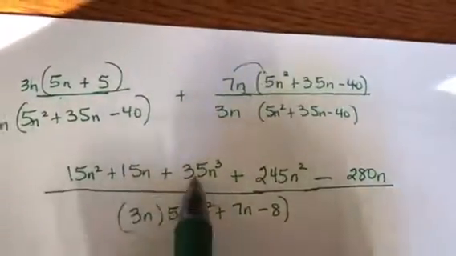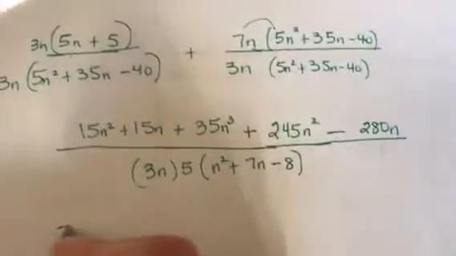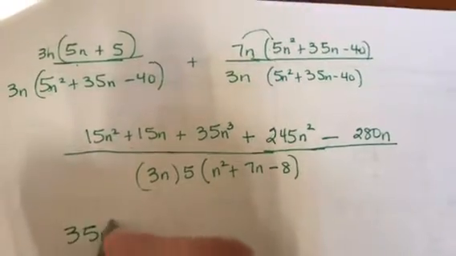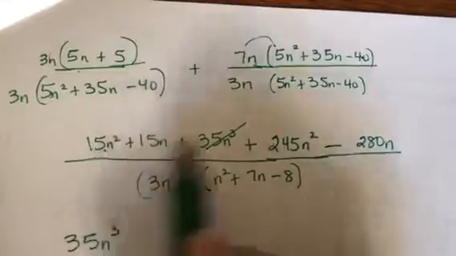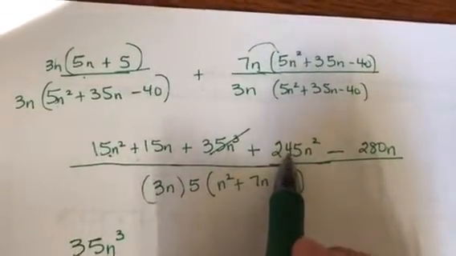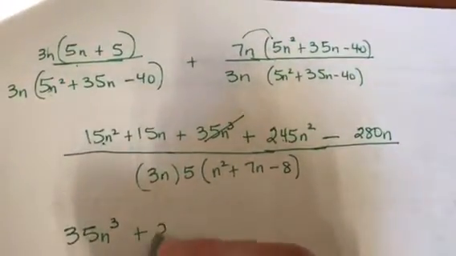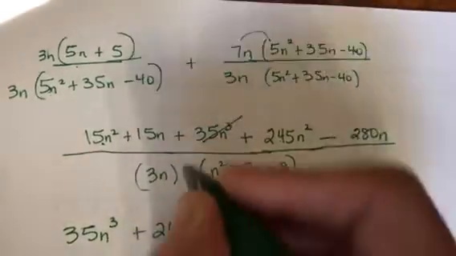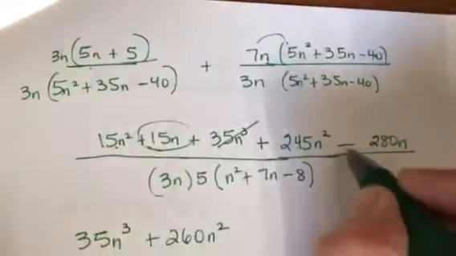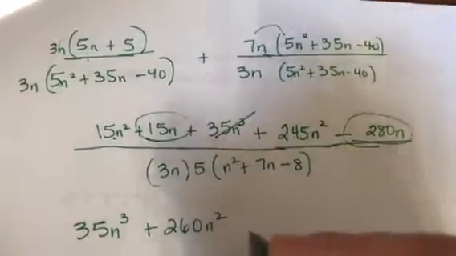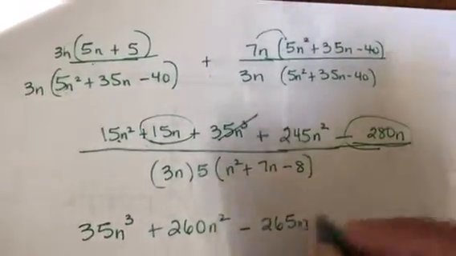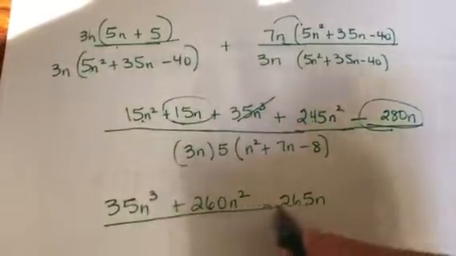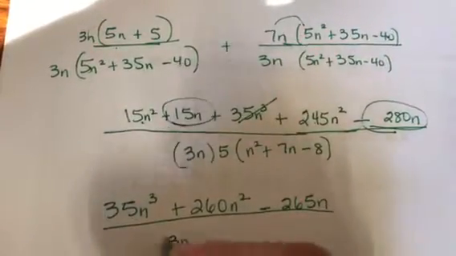Now on the top, I've got a 35n to the third, so I'm going to write this in descending order. 15n squared plus 245n squared is 260n squared. And then I have a 15n minus a 260n, which is negative 265n. And that's all over my common denominator.